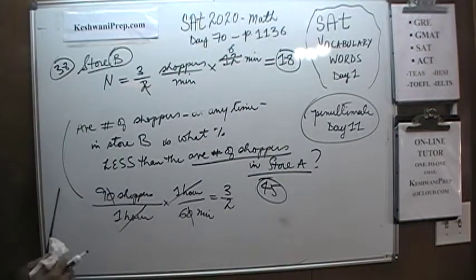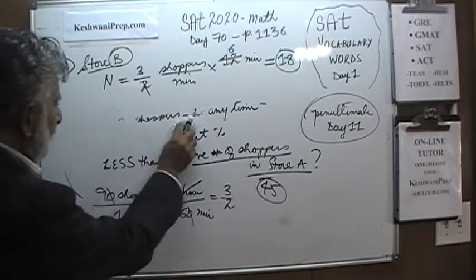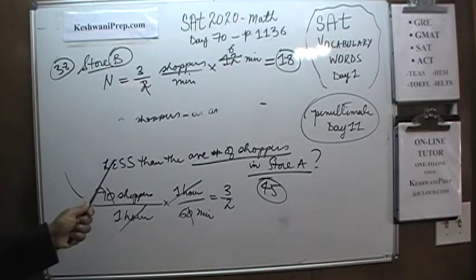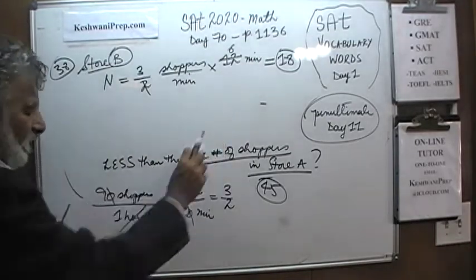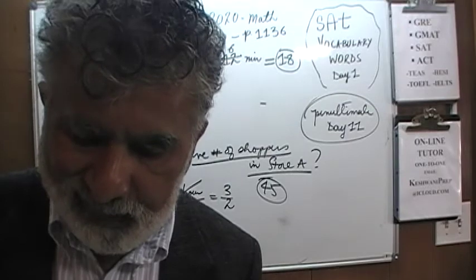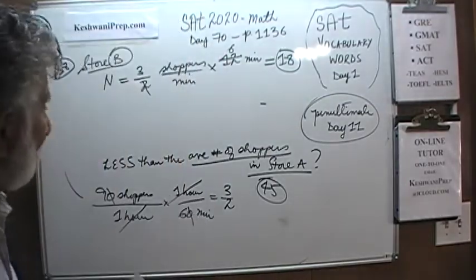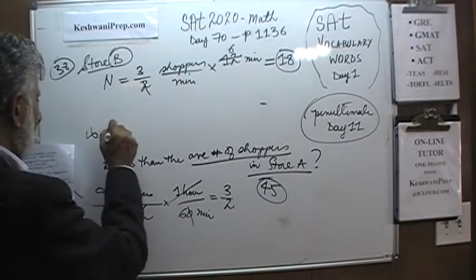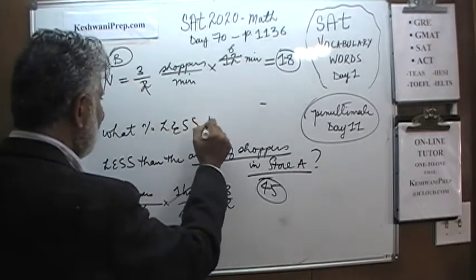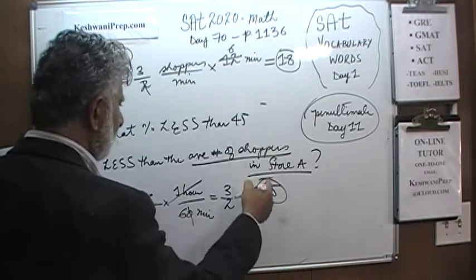We're still not quite done here. Let's make sure that we pay attention. Oh, I shouldn't have erased this part. The question was, I'm going to read it to you: the average number of shoppers at any given point in time is what percent less than 45? Because that's what this is.